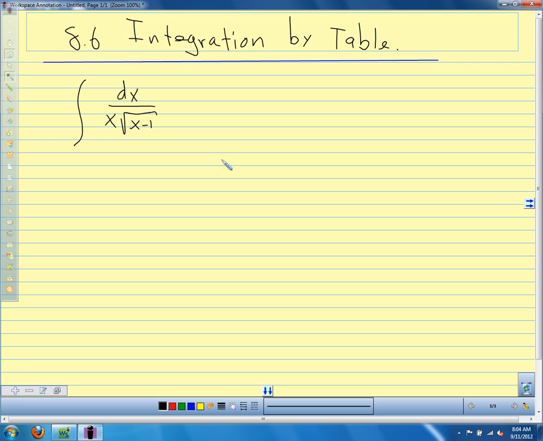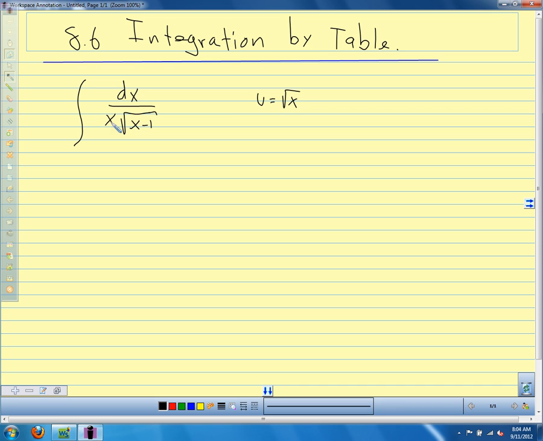It looks kind of not nice. This square root of x minus 1 suggests maybe a trig substitution. If I let u equal the square root of x, then this would be u squared minus 1, and this would be u out here. That might be a trig sub integral.